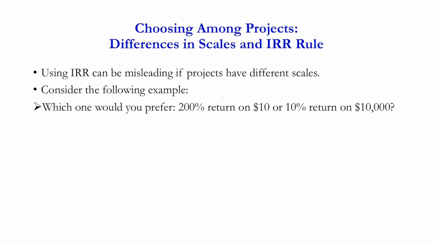I'm going to call the first one project A and the second one project B. Essentially, the IRR for project A is 200% and the IRR for project B is only 10%.